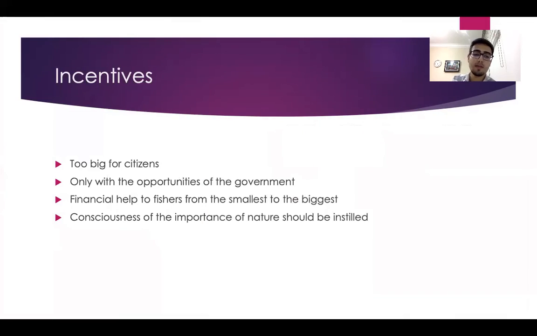What are incentives? Well, I haven't seen any incentives, but if there is, I don't know. In my opinion, I think there isn't any because this problem is too big for citizens. This problem can only be solved with the opportunities of the government. We don't have ships.